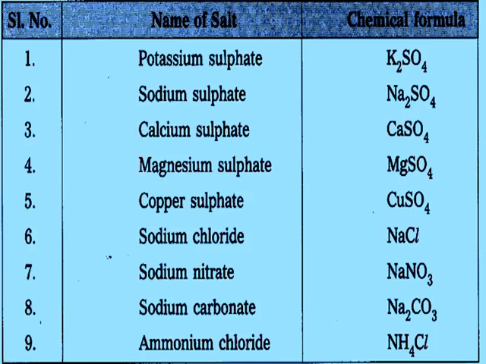These are compounds in the solid state and are salts. Definitely they are not used for food preparation as table salt except sodium chloride, but are used in different ways.